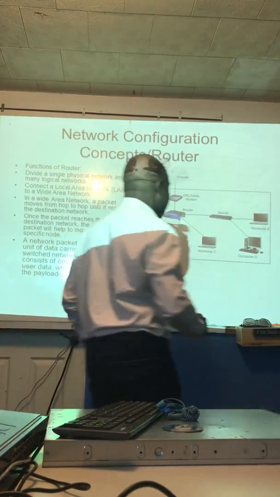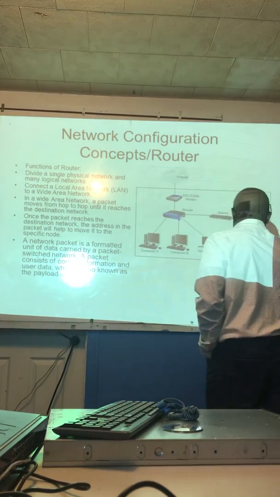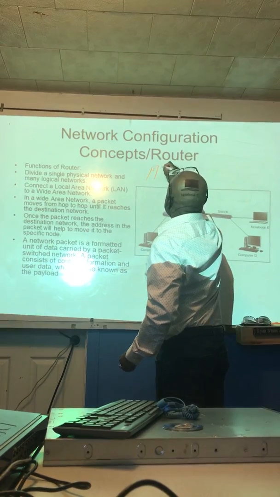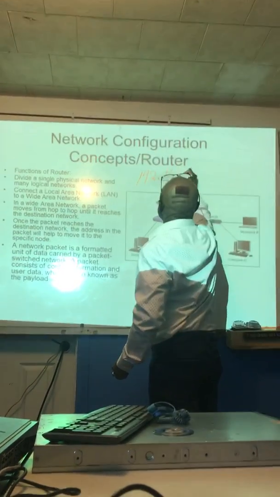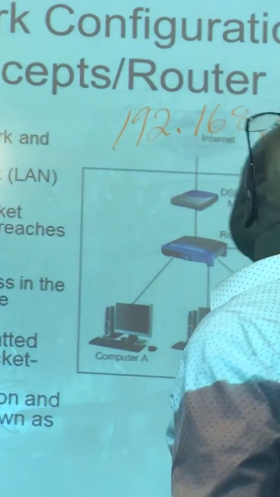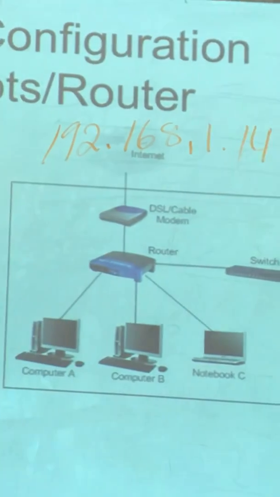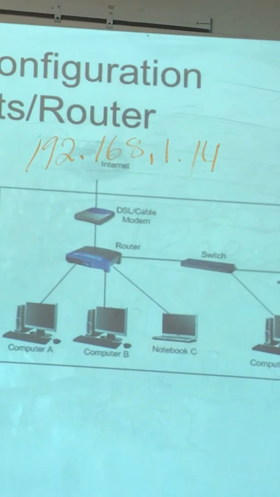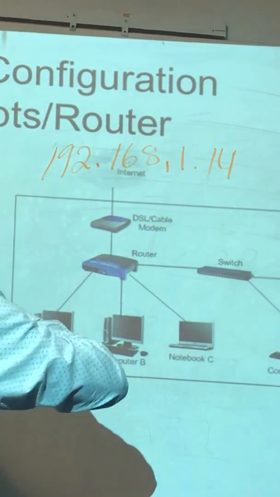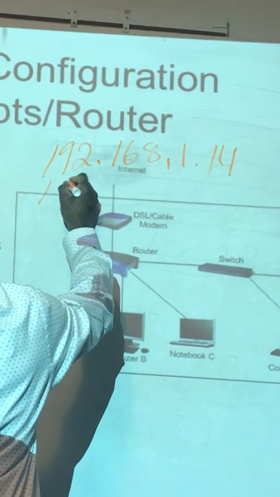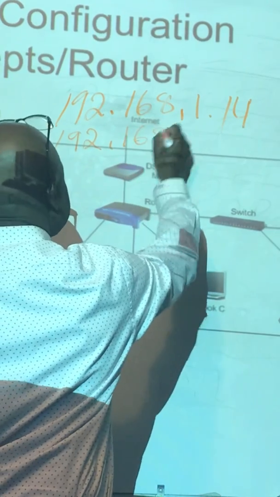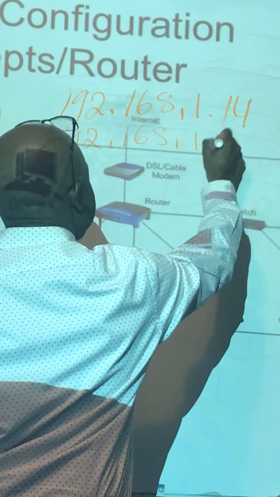Like, suppose I have something like 192.168.1.40. That's an IP address. I can have another computer that has an IP address 192.168.1.20.